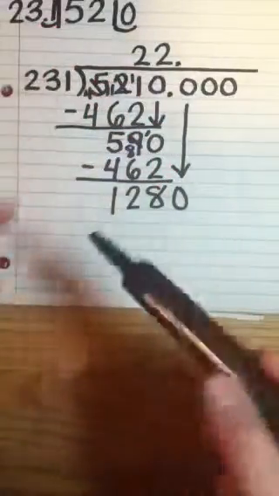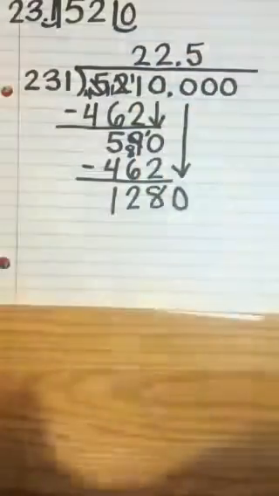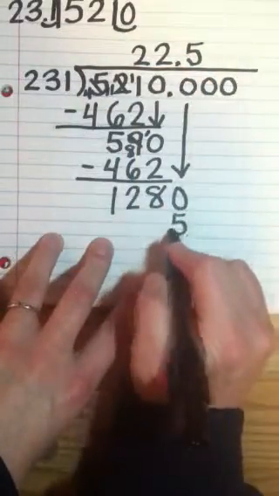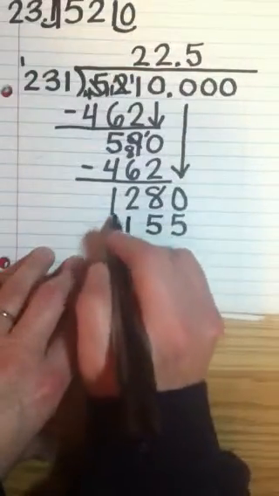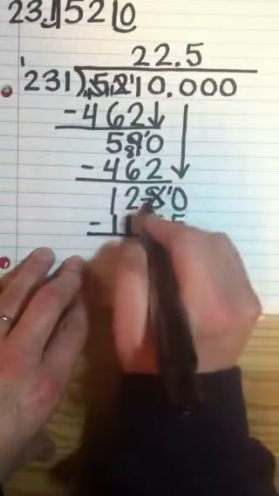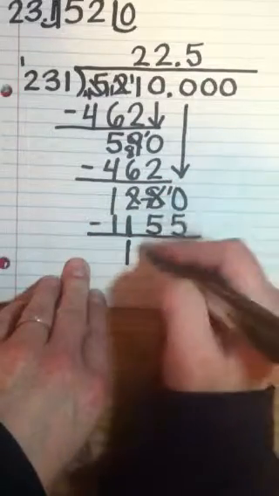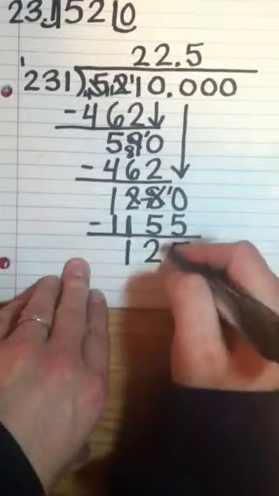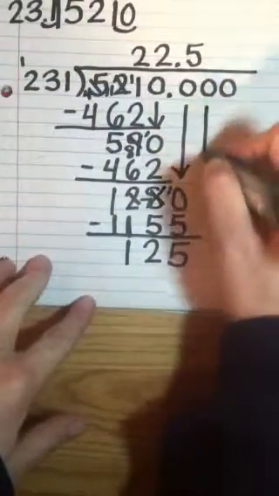I'm kind of rounding, kind of estimating, and I'm going to say 5. 5 times 1 is 5. 5 times 3 is 15. 5 times 2 is 10, plus this 1. Okay, and then I'm going to subtract. And I get 125.